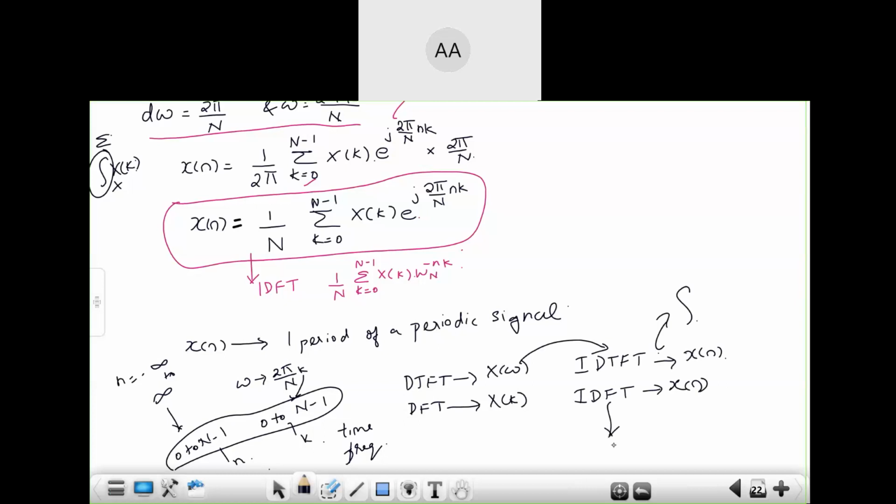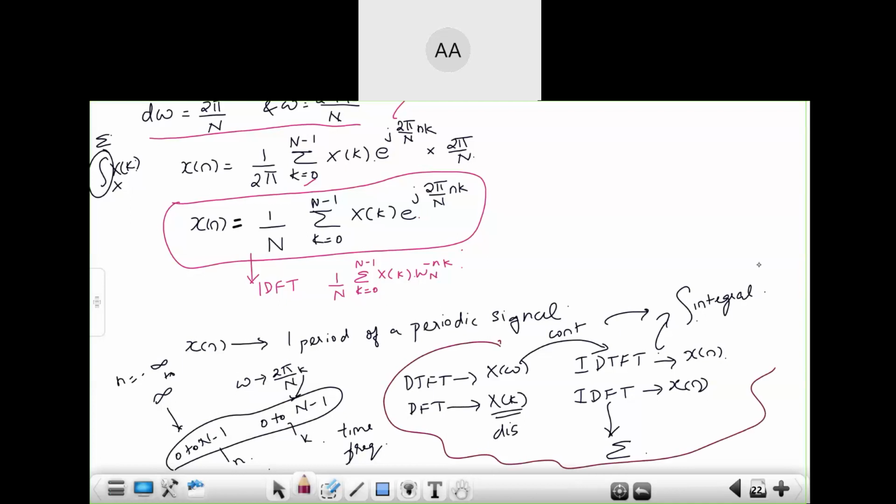In this case, when you have to get back, it is a summation. Got it? Because if this is discrete in nature, you cannot do integration. Since this is continuous in nature, for the inverse you can use an integral. All right. I hope somewhere on the side you write this down so that it's easy for you to understand.